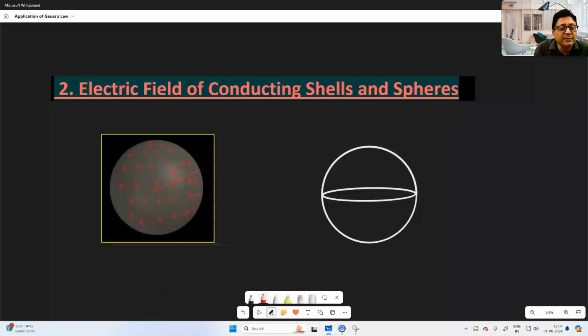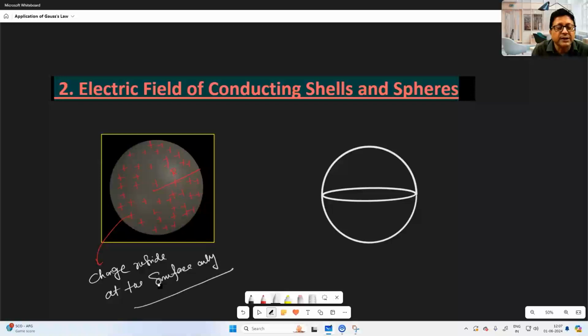This case may be due to a conducting shell or a conducting sphere. Charge will reside on the surface only, isn't it?